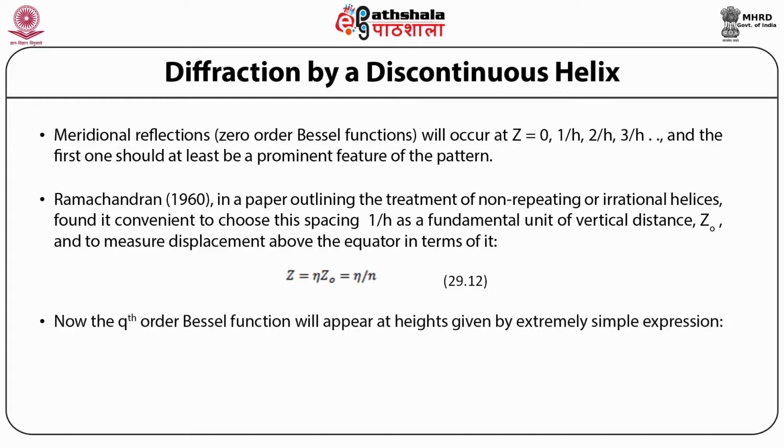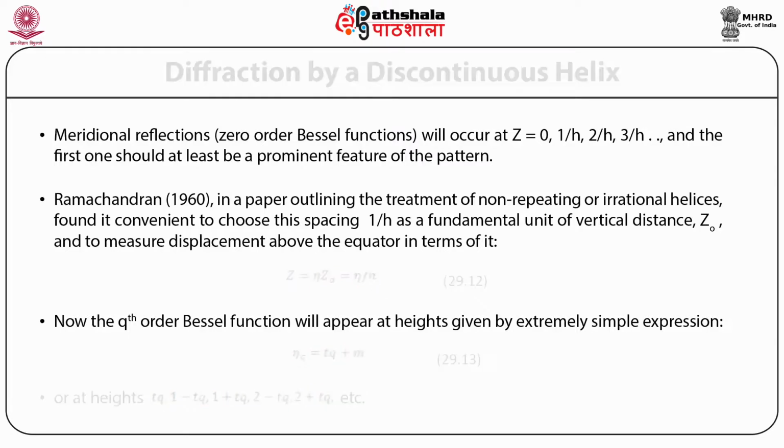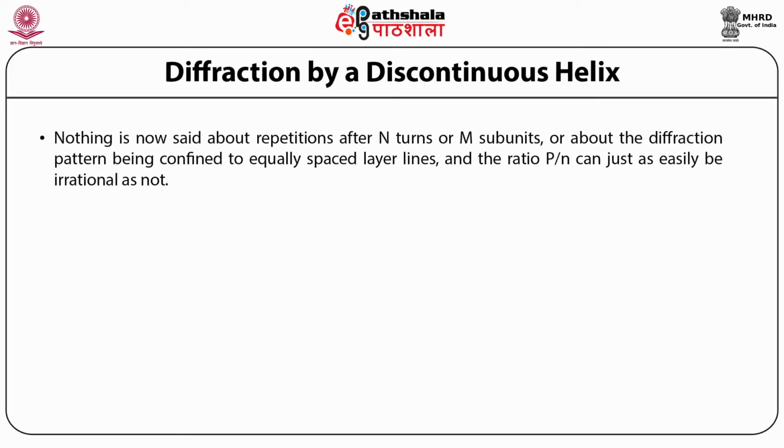Now, the qth order Bessel function will appear at heights given by the extremely simple expression eta of q equals tq plus m, or at heights tq, 1 minus tq, 1 plus tq, 2 minus tq, 2 plus tq, etc., as given in 29.13. Nothing is now said about the repetitions after n turns or m subunits, or about the diffraction pattern being confined to equally spaced layer lines, and the ratio capital P over h can just as easily be irrational or not.